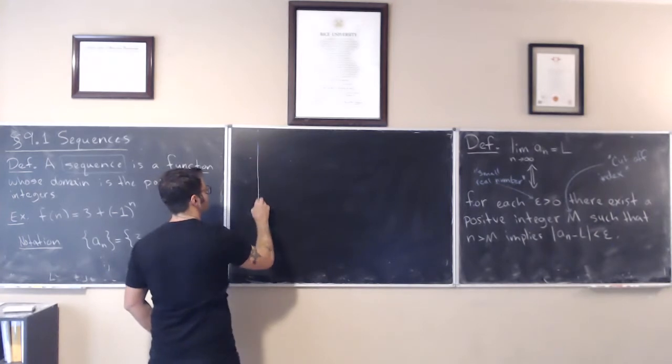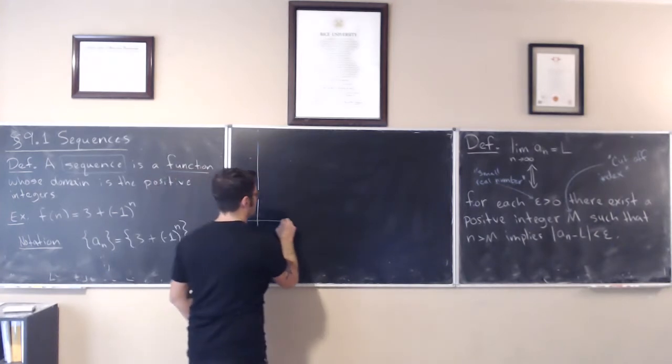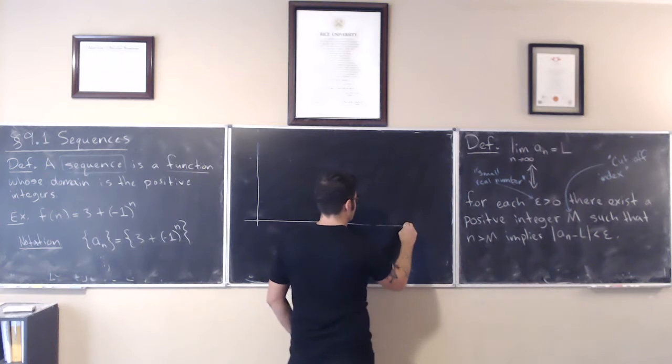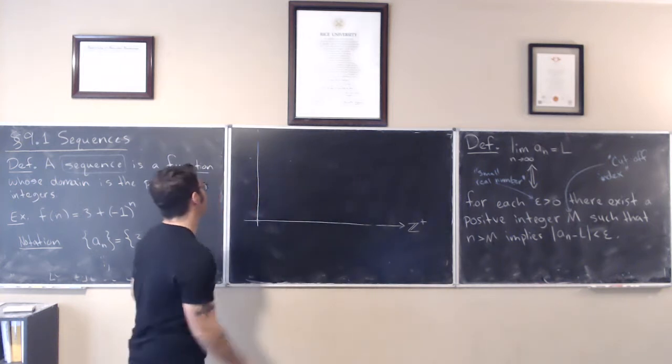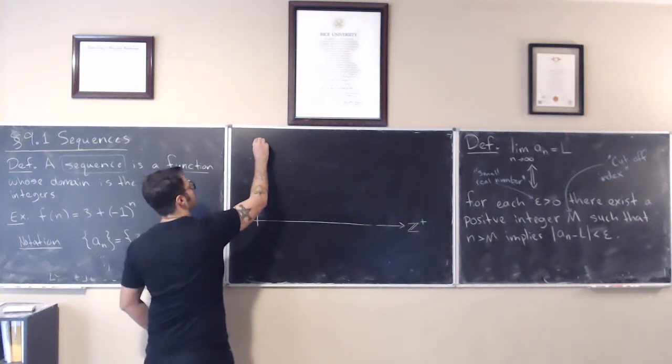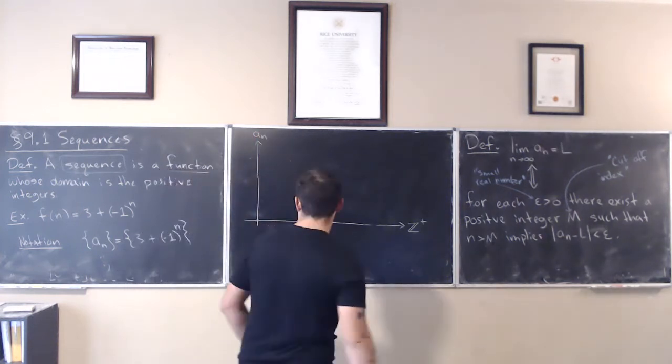Suppose these are, say, positive integers on this axis here, and on this axis is our function value, a_n.